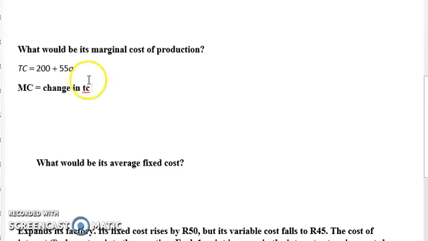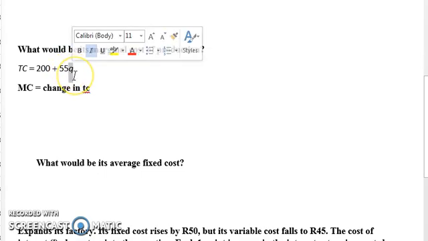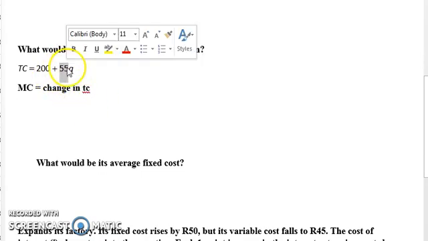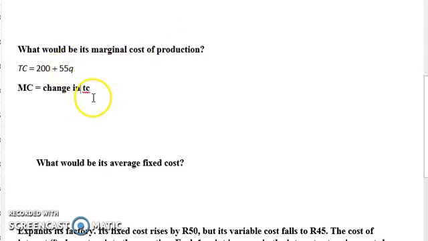That means for every quantity we increase, so increase 1, 2, 3, 4, the change in the total cost value will be constant. In this case, it will increase every time by 55. So the marginal cost in this example will be 55.